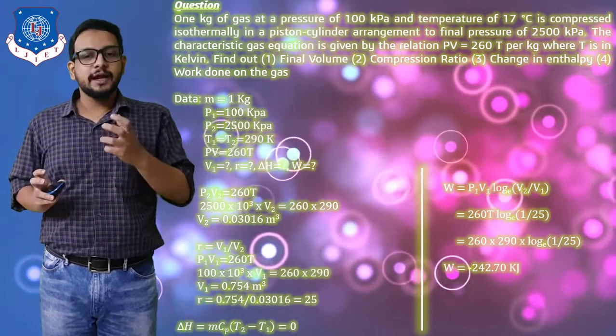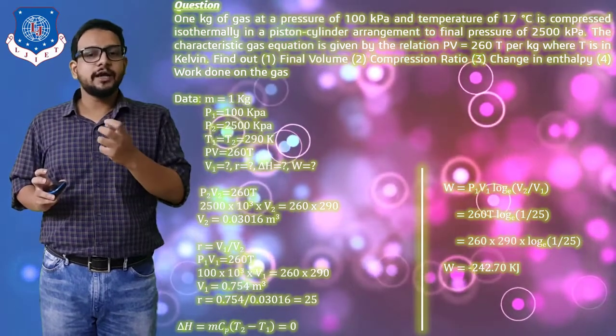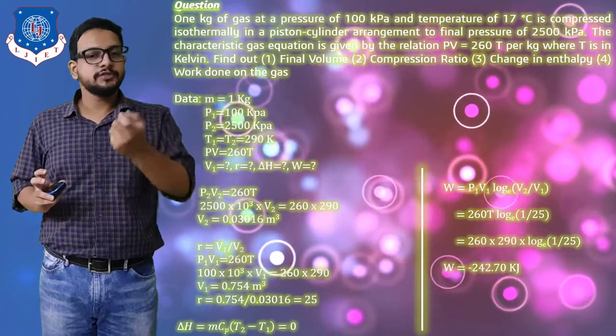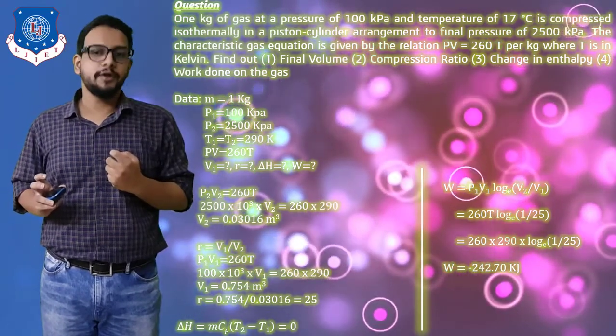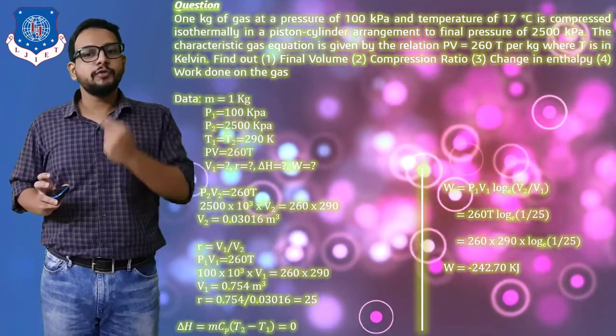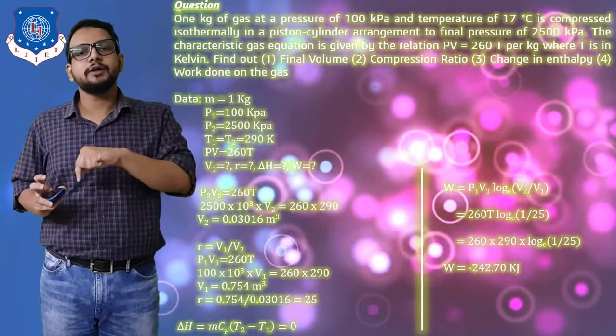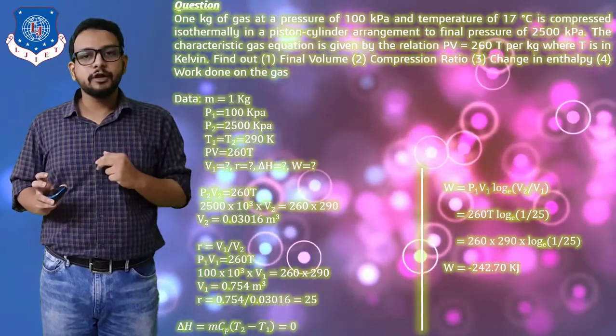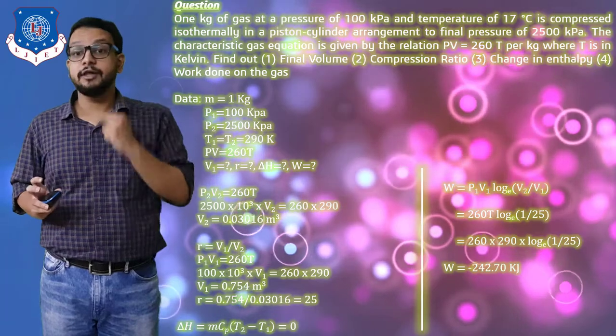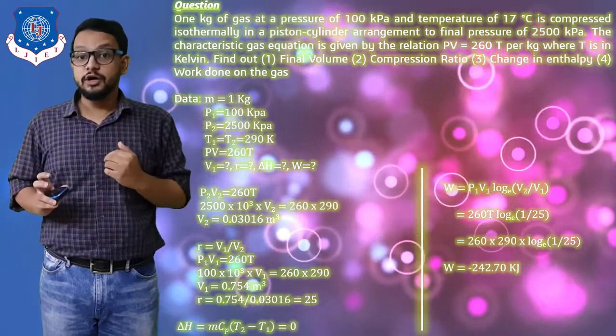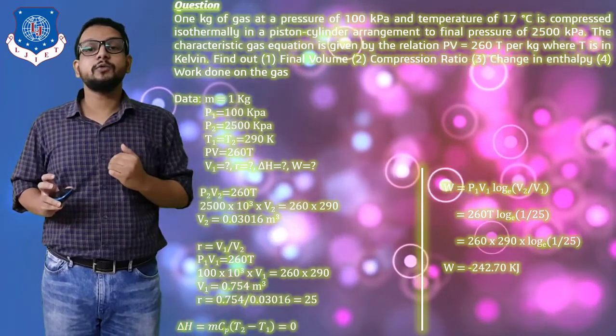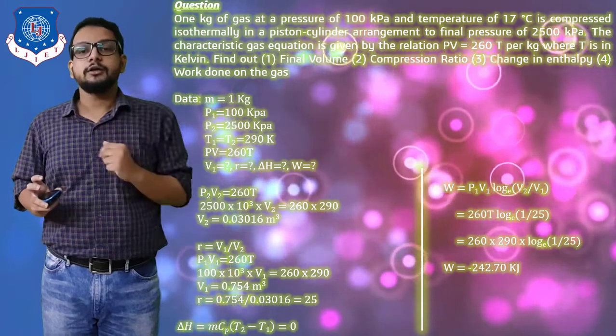So can I say that we can directly place the value of compression ratio r? We know that r = V1 by V2, and over here log V2 by V1. So V2 by V1 is the inverse of our compression ratio, and it is also called the expansion ratio, right? So over there I have written 1 by 25 in log.